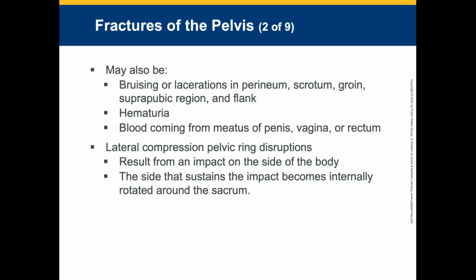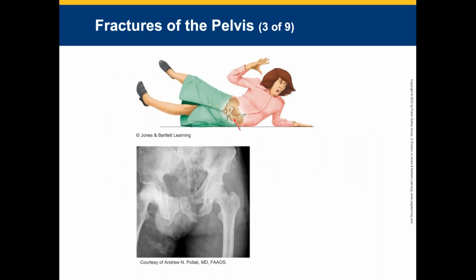Lateral compression pelvic ring disruptions result from impact to the side of the body. So the side that sustains the impact becomes internally rotated around the sacrum, often associated with injuries in other regions of the body. Looking at this picture here, you can see that rotation where the patient fell. You can see the fracture here.